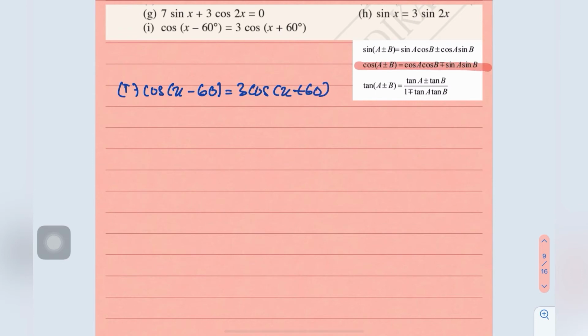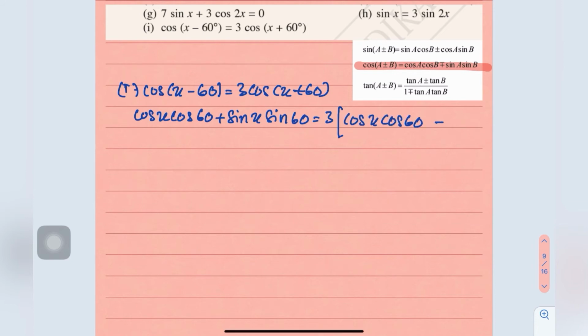Next question: cos (x minus 60) equals 3 cos (x plus 60). Using the addition formula for cos, we expand. So this is cos x cos 60 plus sin x sin 60 equals 3 times (cos x cos 60 minus sin x sin 60). Now we substitute the values of the special angles.